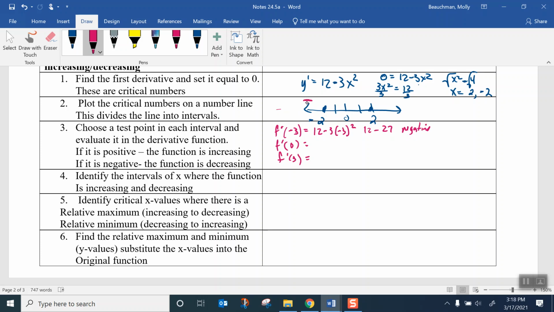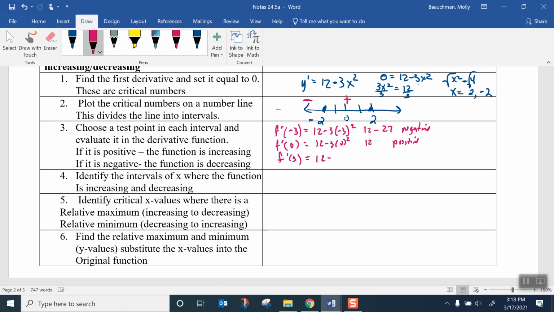So my function is decreasing. f prime of 0 gives me 12 minus 3 times 0 squared, which is 12, and that's positive. That means any value between -2 and 2 in this interval is positive. That means since the slope of the tangent line is positive, my function is increasing.